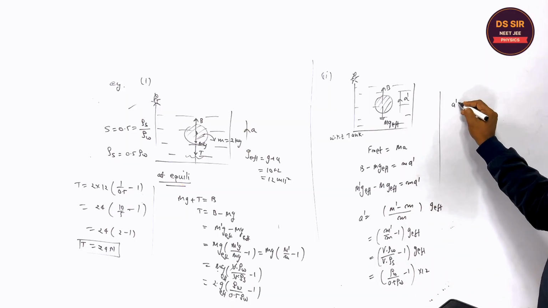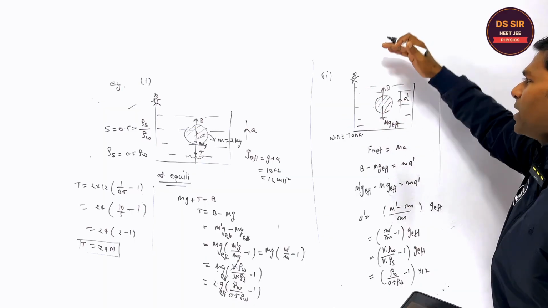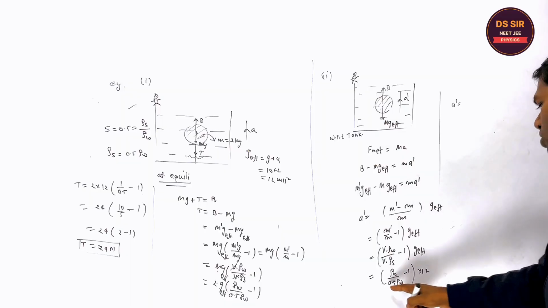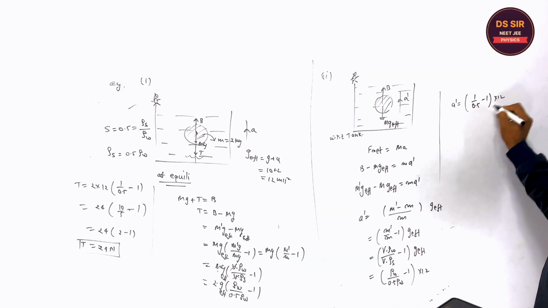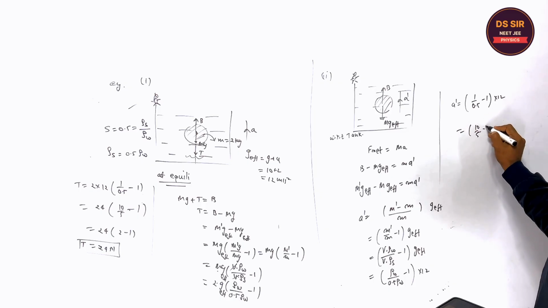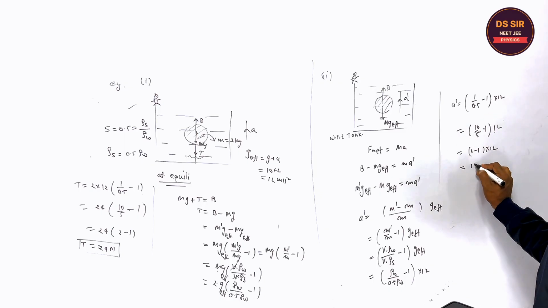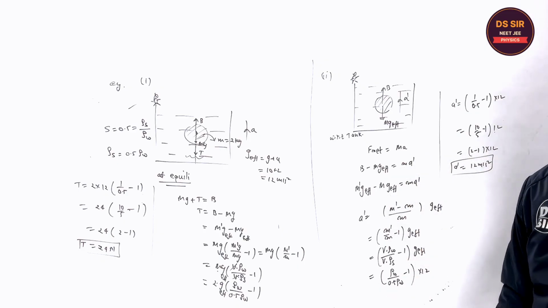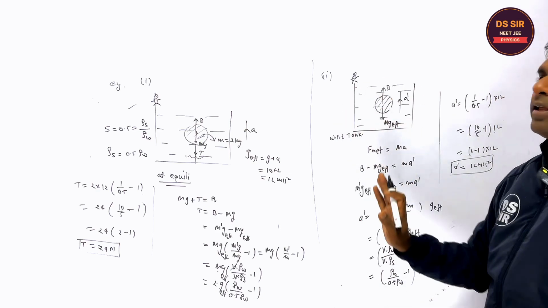So what is the acceleration a dash, the acceleration of ball with respect to tank? You are sitting here and it is moving up, right? So it is equal to 1 upon 0.5 minus 1 into 12, it is 10 upon 5 minus 1 into 12, 2 minus 1 into 12. So it is 12 meter per second square. Is it clear or not? So this is the acceleration of the ball with respect to tank.